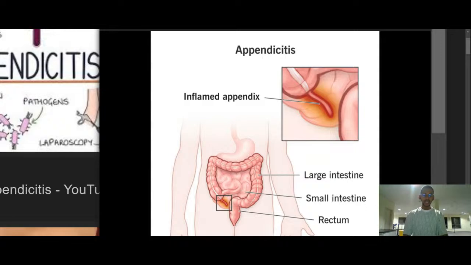GI infections, and I spoke about the obstruction from a fecalith, foreign bodies or tumors. Certain medical conditions such as cystic fibrosis, inflammatory bowel disease, and other GI disorders. Environmental factors, exposure to pathogens, previous surgery, and immune system factors.